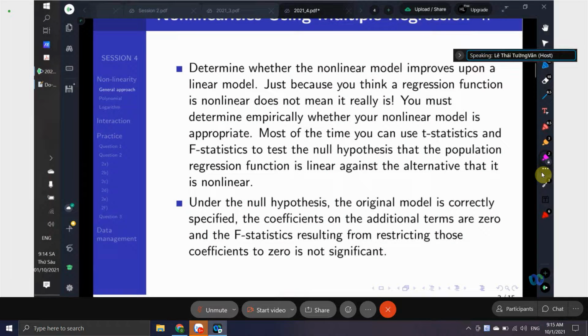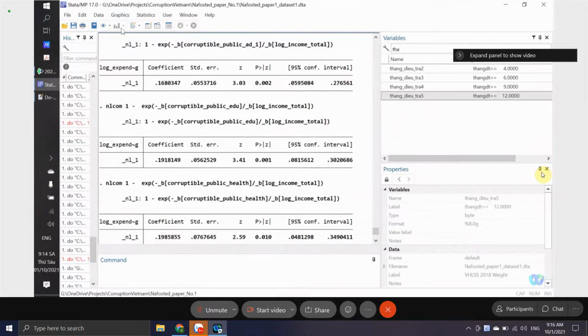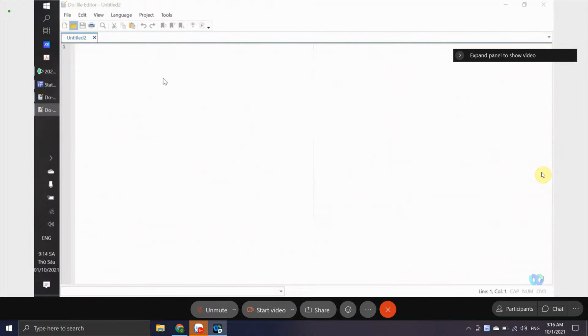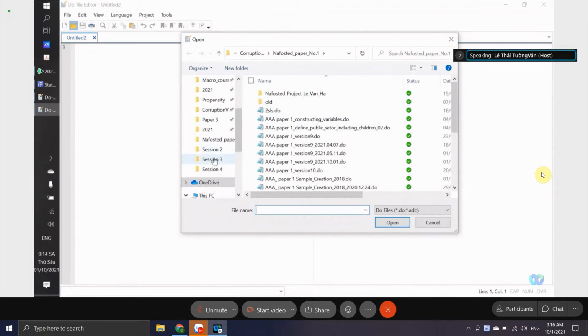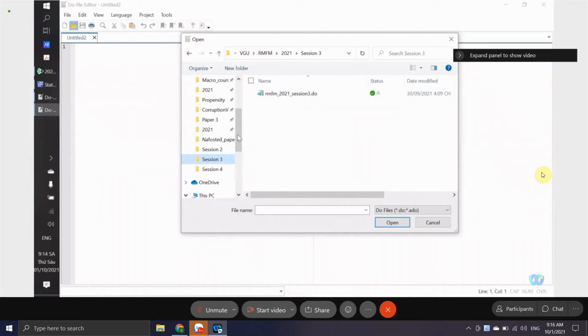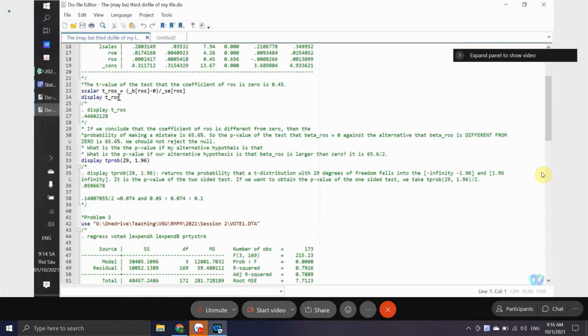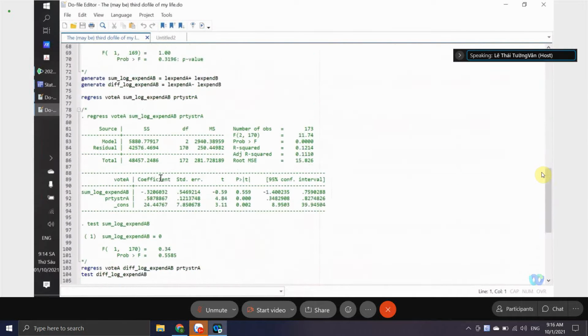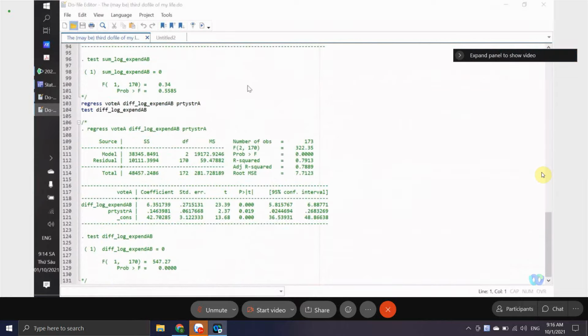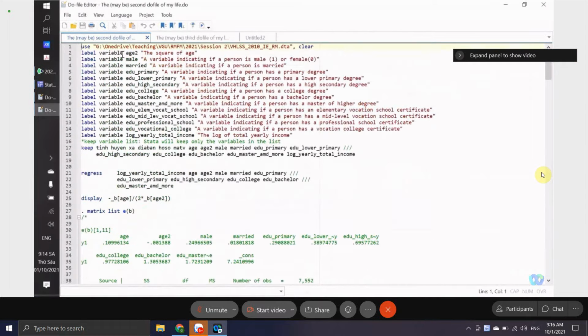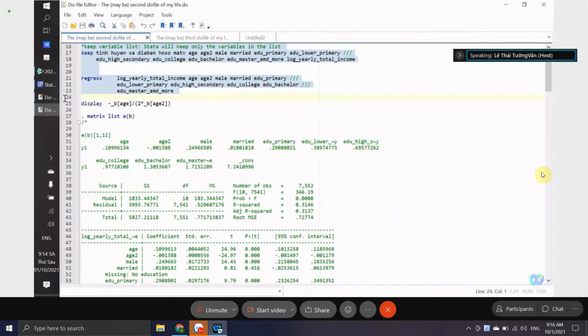So now, let's say we have this model. Let's have a look at this model.